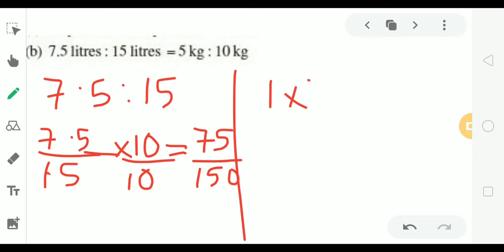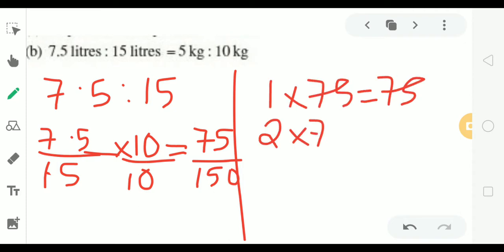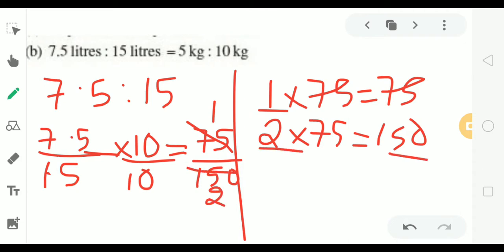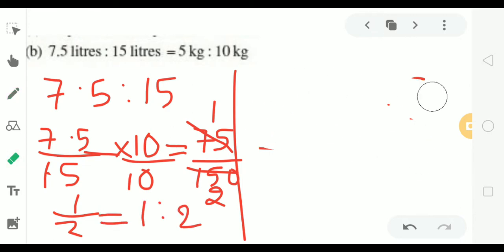1 times 75 is 75, then 2 times 75 is 150. So 75 table, 75, 1 time, 150, 2 times. So we get 1 over 2, the same as 1 is to 2. Now the second ratio is 5 kilogram is to 10 kilogram.